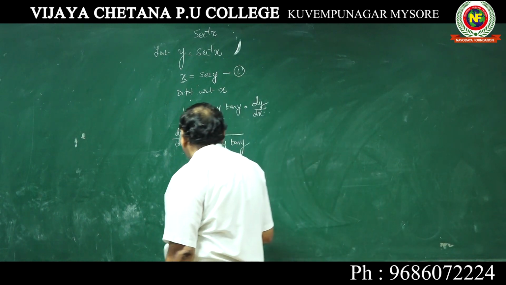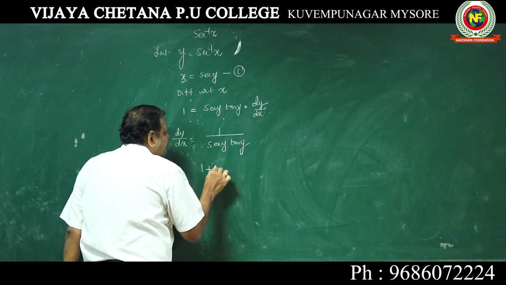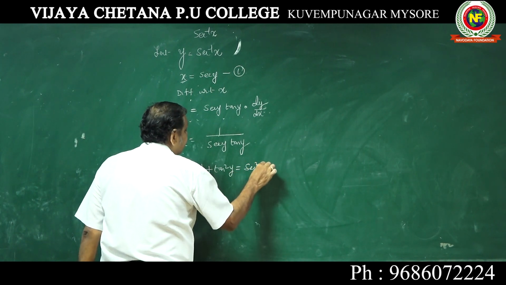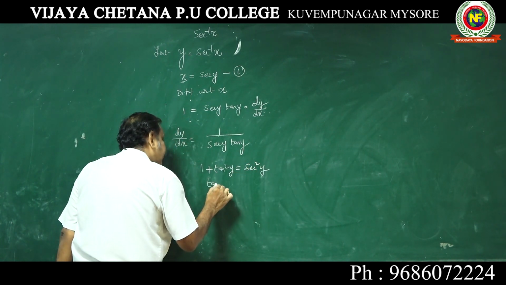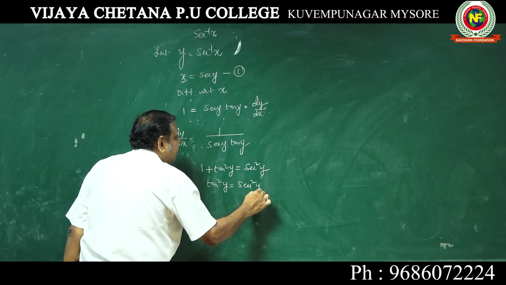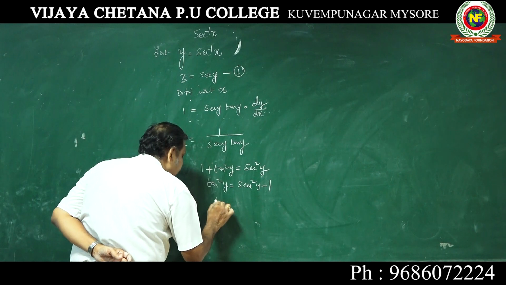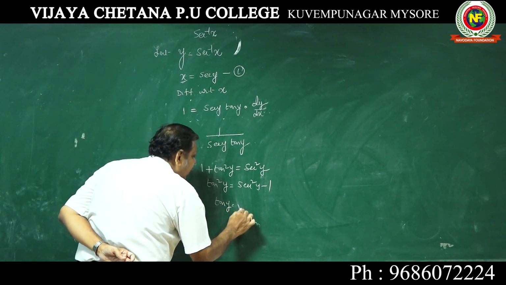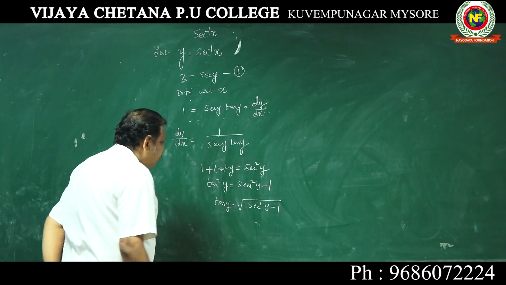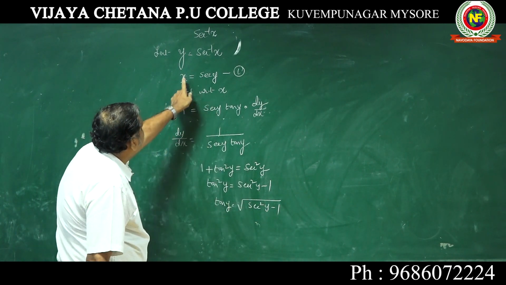Now use another important formula. You know the formula, 1 plus tan square y is equal to secant square y, or tan square y is equal to secant square y minus 1, or tan y is equal to root of secant square y minus 1. But what is secant y? Secant y is x.